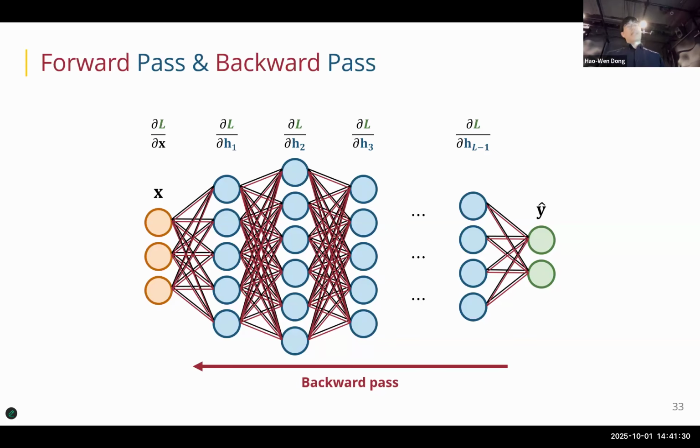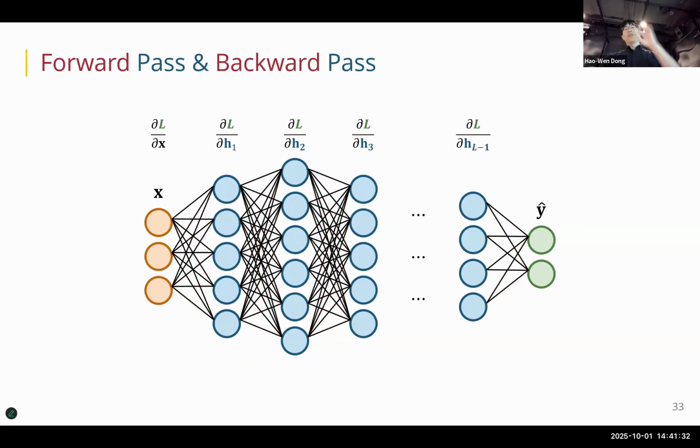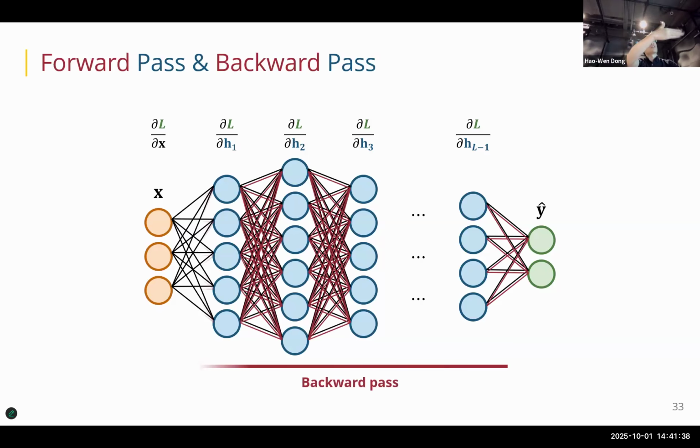Basically, this is what happens when you do loss.backward in PyTorch. You compute the gradients layer by layer. It's sort of like the forward pass, where you compute all the way toward y from x, doing the matrix multiplication again and again until you reach y.